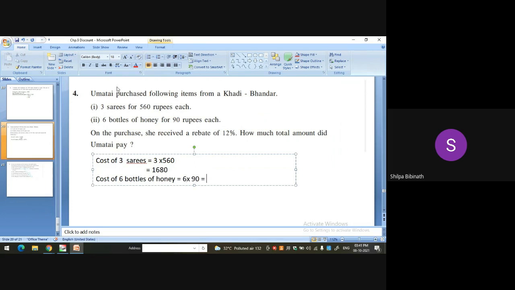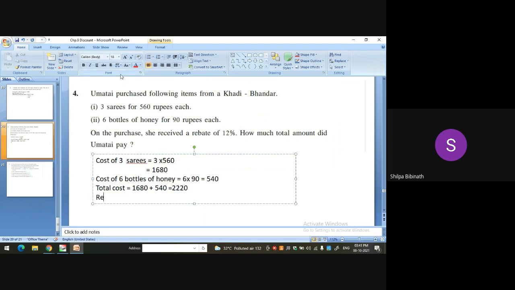So it will give you 540 rupees. Correct? Now total cost will be how much then? Total cost is equal to 1680 plus how much? 540. So what will be your total then? 2220.